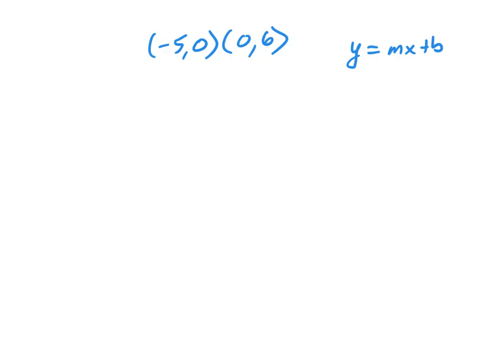On the last couple of problems, we were given the slope immediately, and so then we have to be able to write the equation, right? And on this one, we don't have the slope, so we got to find the slope. So we're going to go 6 minus 0 over 0 minus negative 5, which is really 0 plus 5, which is 6/5.